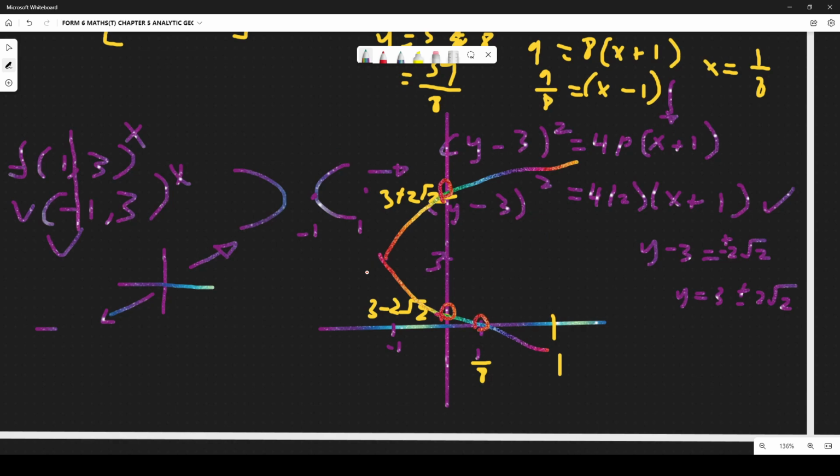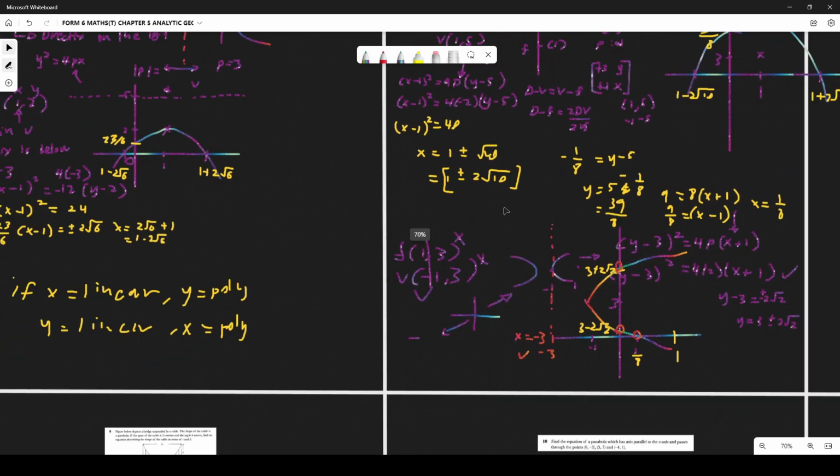You can also add the directrix since you know the distance is 2, so it's most likely negative 1. So if it's here, it'll be negative 3. So that will be the directrix, x equals negative 3. So this is the sketching part of the question.